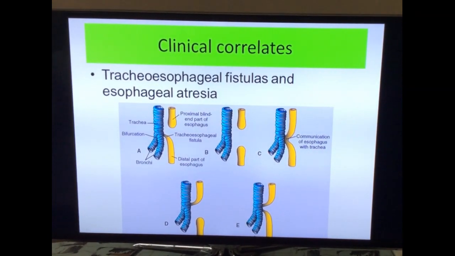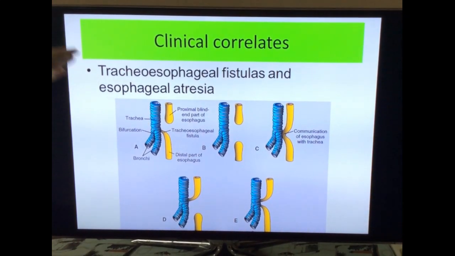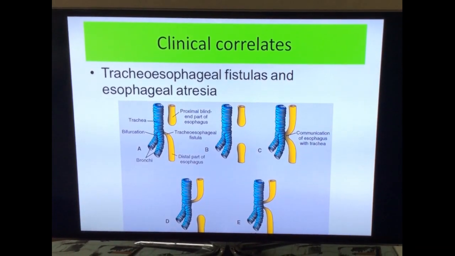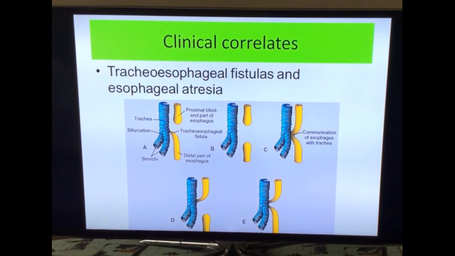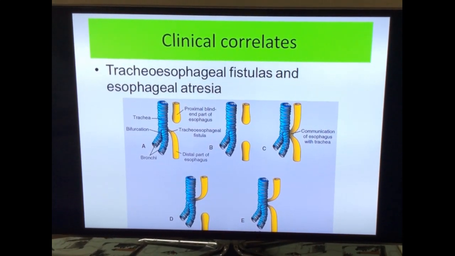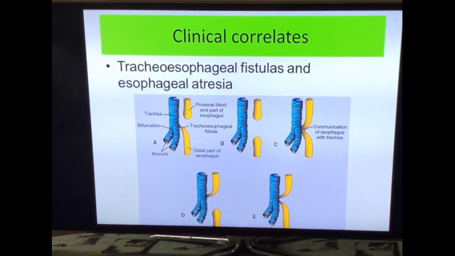So there are different types. That female neonate had both the fistula and the esophageal atresia. There are different types of these fistulas, and this is the most common clinical case we come across during early age.